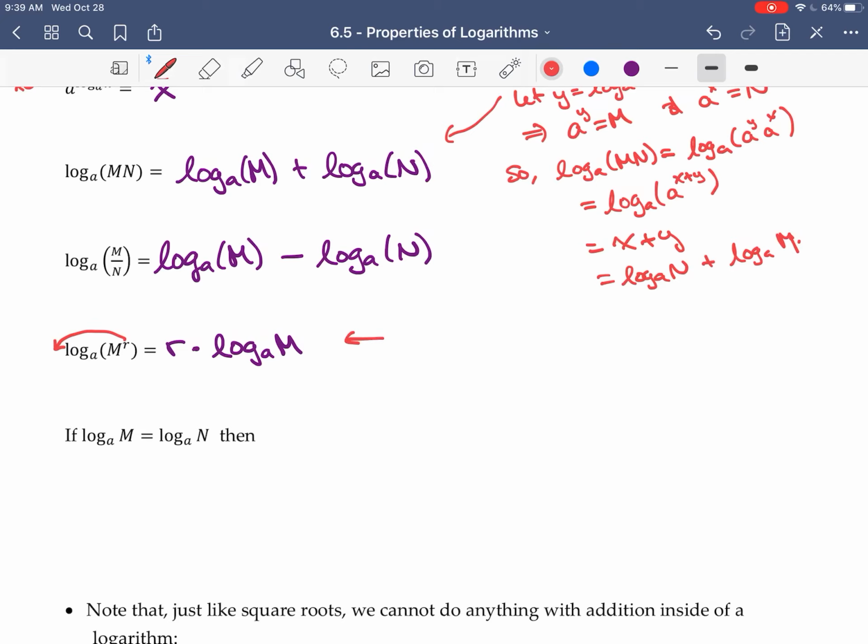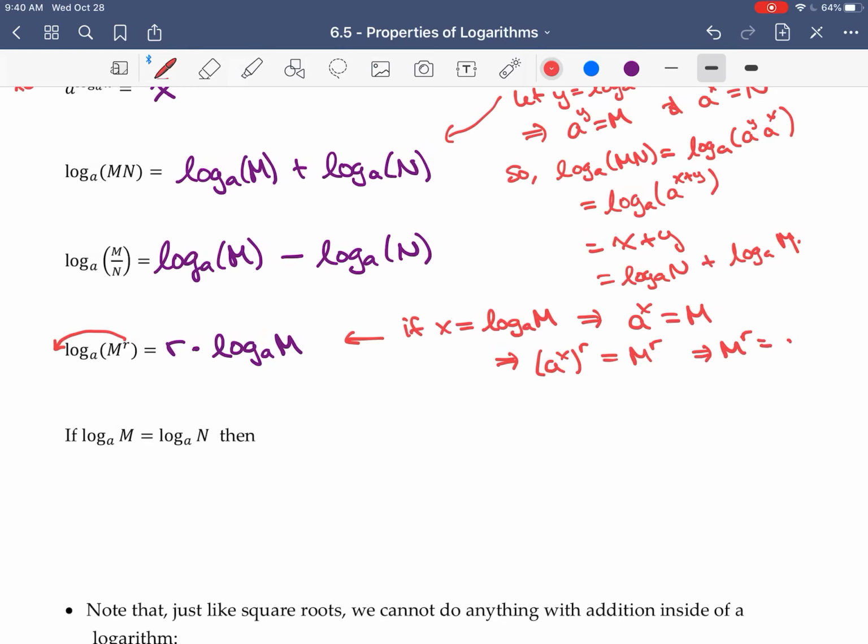Okay, so the reason why here, so if, let's say, x is equal to log base a of m, that means that a to the x is equal to m. And if we raise both sides to the power r, that's going to be a to the x to the r is equal to m to the r.